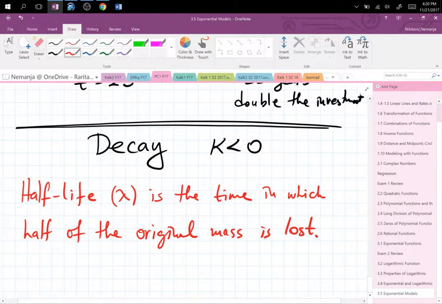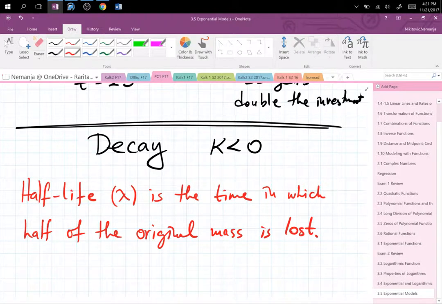So, you have something that is 1 pound, and it is going to radioactively decay, or decay with the help of worms, whatever. It's going to go away.